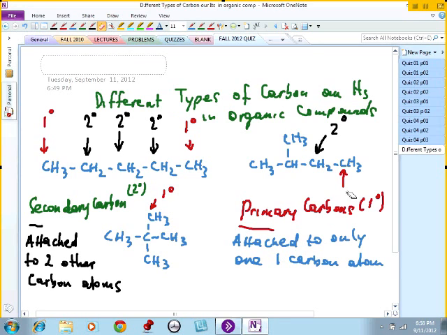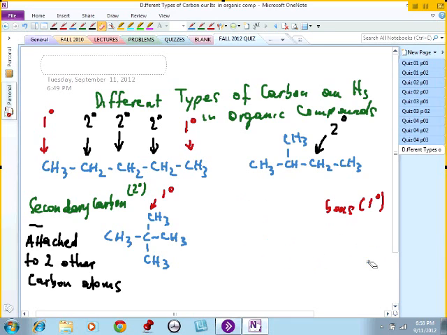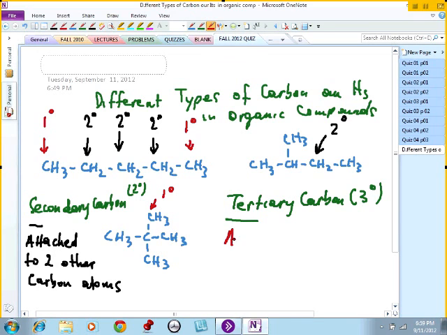Can I erase this? Then we have a third type of carbon that we call the tertiary carbon, which we designate as 3 degree. What do you think the tertiary carbon is? Attached to 3 other carbon atoms. Very good.